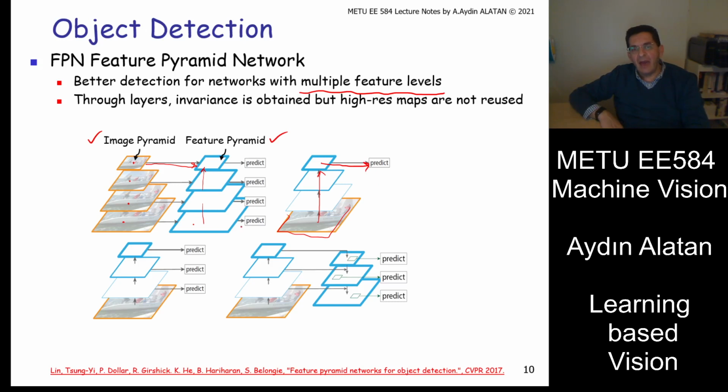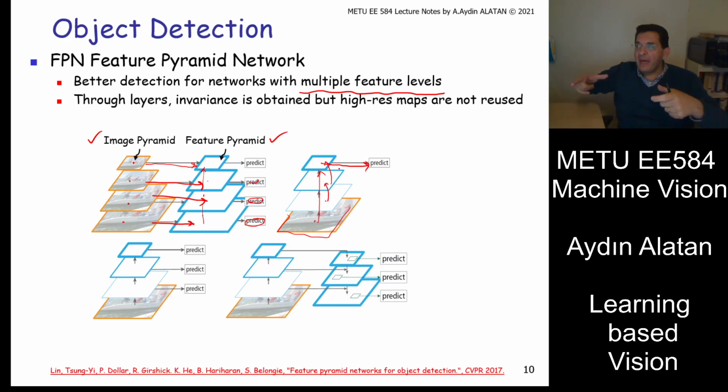Here, maybe you can have multiple predictions for every layer, but this is predicted from here, obtained from here. In other words, I am using image pyramid levels, directly obtaining the feature at that resolution. Here I got from this high resolution, and I am feeding this information to the next, this information to the next.